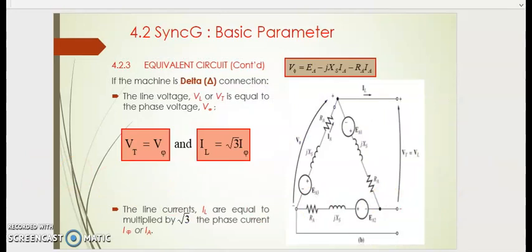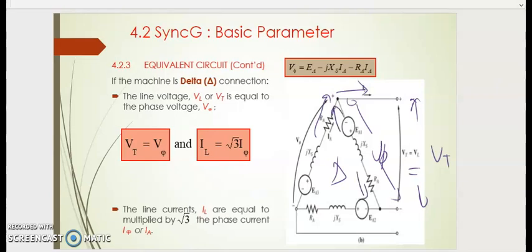If you connect in delta connection, not in Y, you can see that V phase and V terminal are at par. This is V phase, meanwhile this is V terminal. They both have the same value. But in terms of current, the current that goes out from here will divide, or mix, between phase 1 and phase 2.